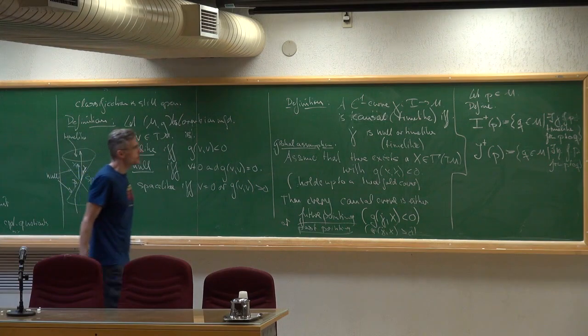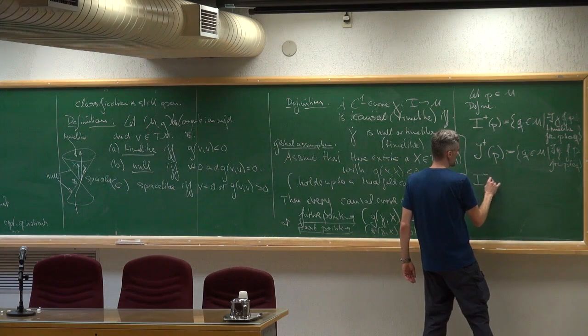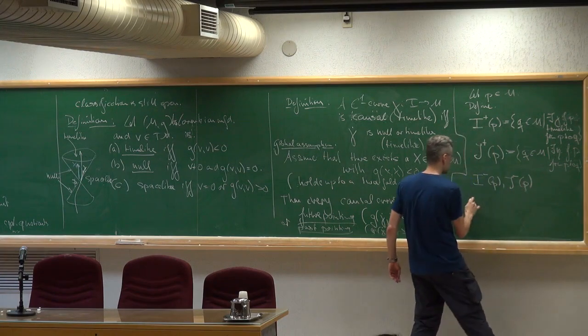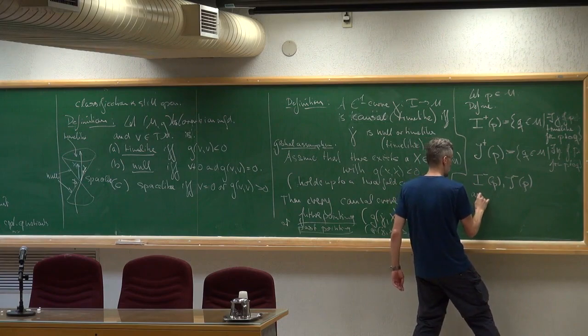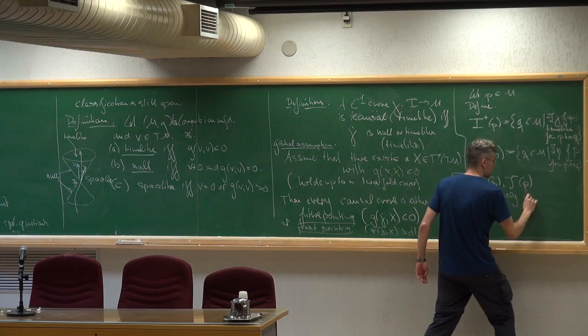Okay, and the I minus of P and J minus of P are defined analogously, with past pointing curves.